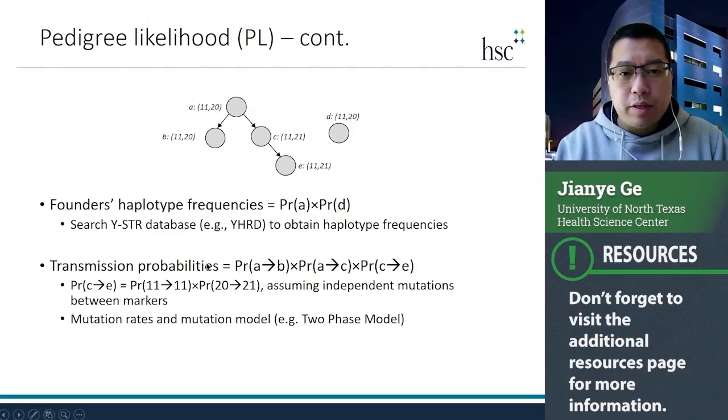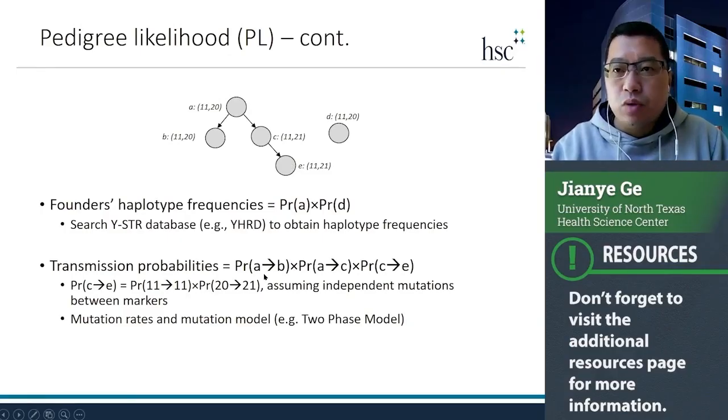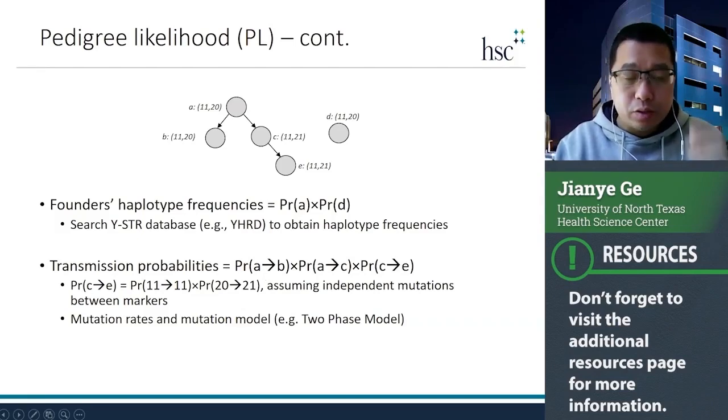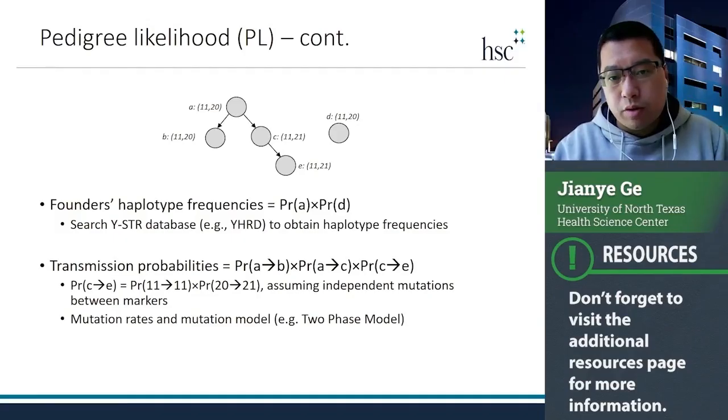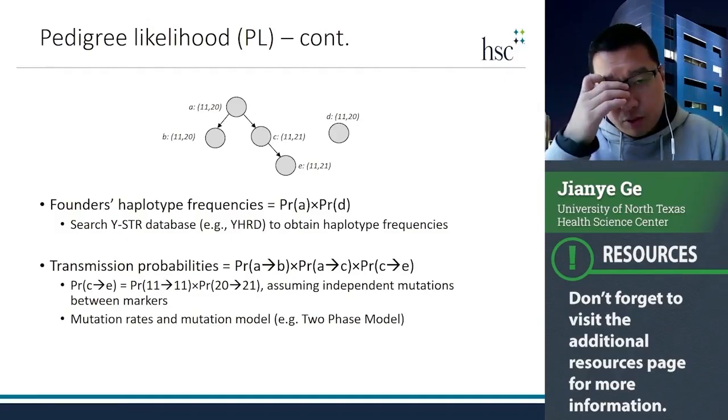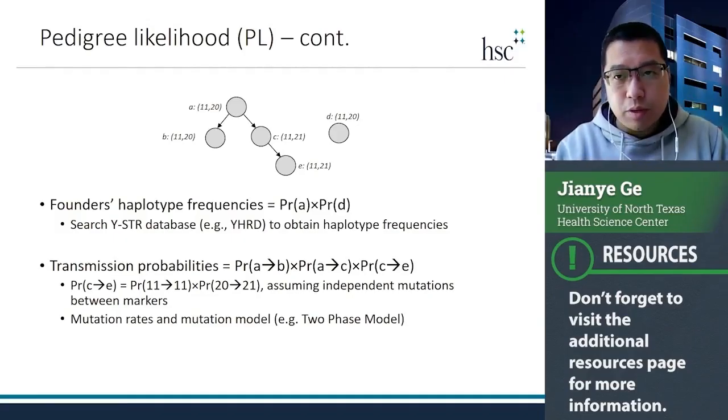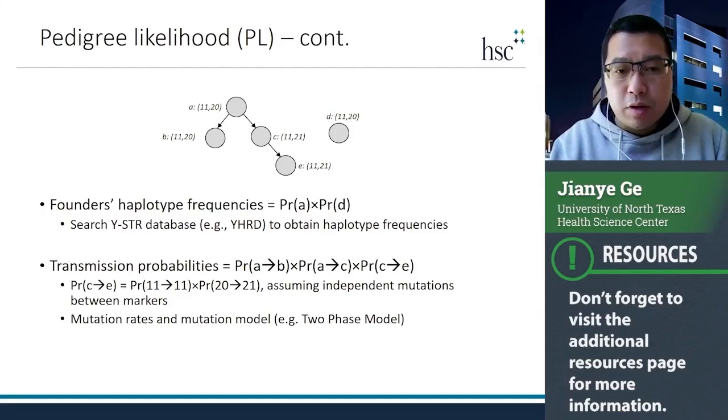For the transmission probability, we really look at the father-son pairs. In this example, we have three pairs, right? A to B, A to C, and C to E. We calculate the transmission probability for each pair. And for each father-son pair, the transmission probability is actually the product of the transmission probability of each marker. Let's say if you have 15 markers, then you multiply the transmission probability of each of these 15 markers.